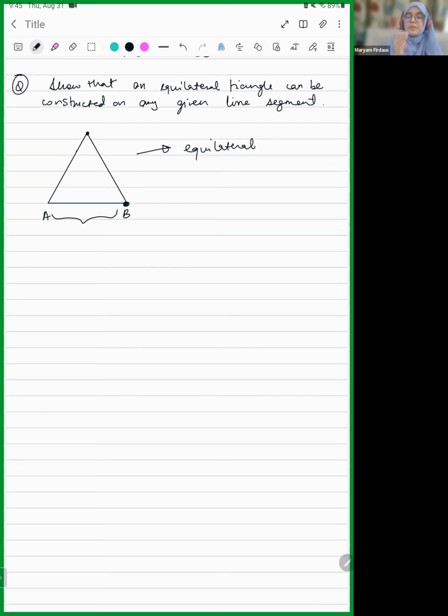See what we have done. With a compass, why did I keep saying with the same radius, same radius? Because when you are using a compass, this is your needle and this is the pencil part of it. When you are making an arc, what is an arc? An arc is a part of a circle, right? So you're basically making a circle.